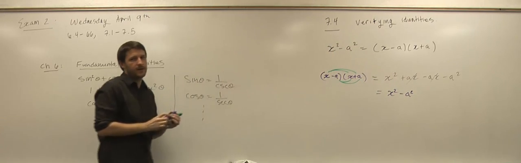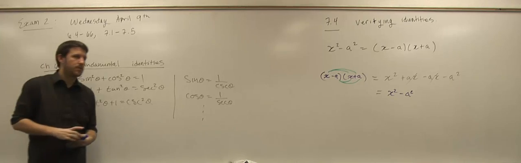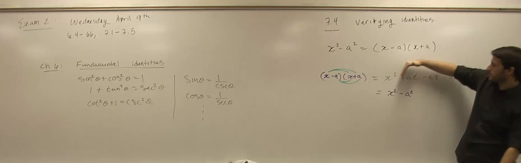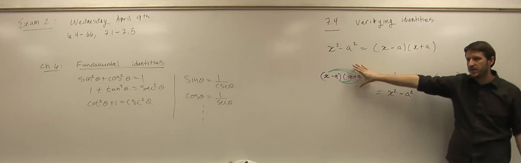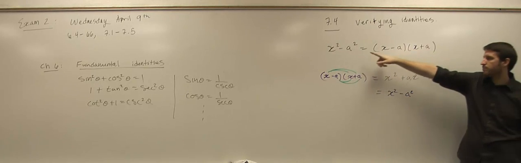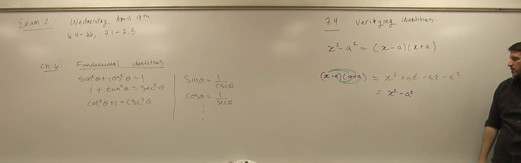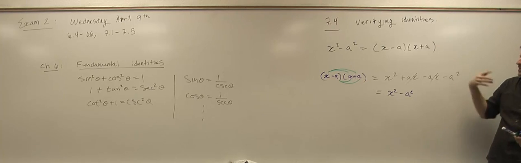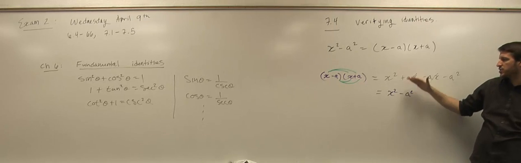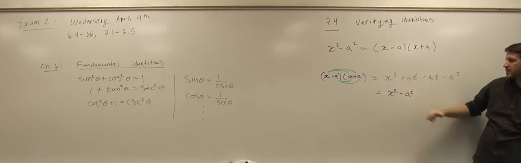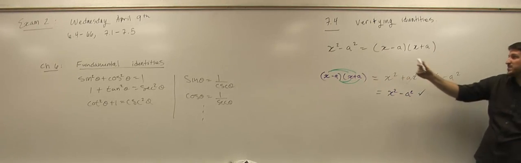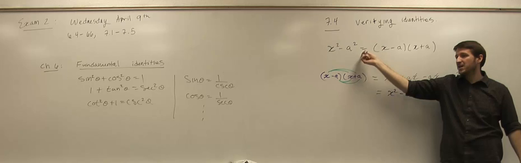At this point, you've verified the identity for me, because you started with one side and did some algebraic manipulation that you learned in another class, that we take for granted now, distributing. Then you ended up with x squared minus a squared. So when I say verify an identity, this is what I mean: start with one side, perform some operation that you've learned already to get to the other side. This is what we're doing this whole section, except instead of algebraic identities, you're going to have trig identities.